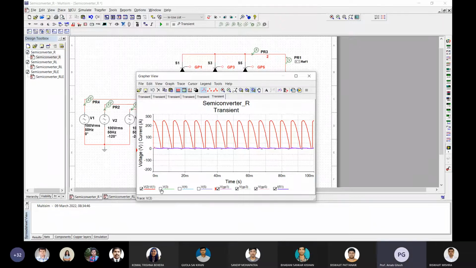This is your output voltage. Yes, sir. The red color is the output voltage, and the blue one is the current. Can you please discuss why these kinds of natures are coming? For 60 degree the nature was different, am I right? Yes, sir.